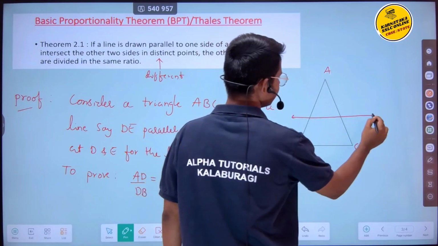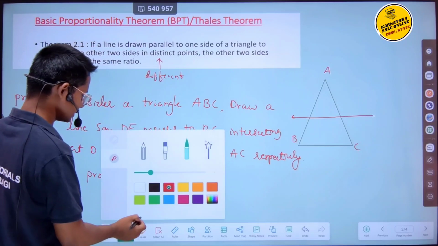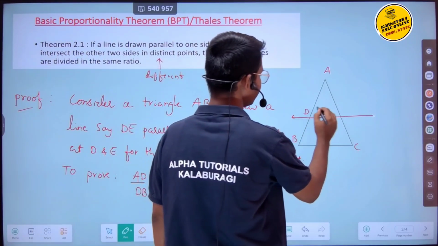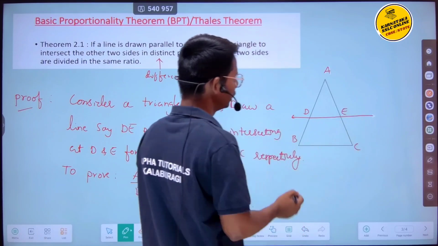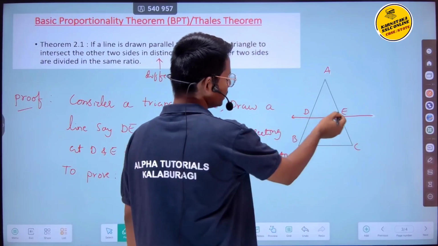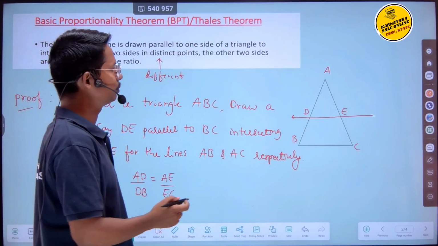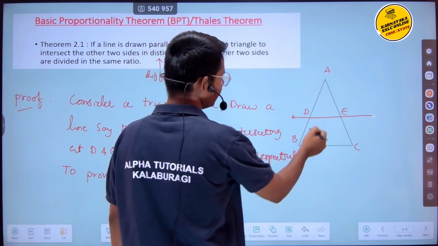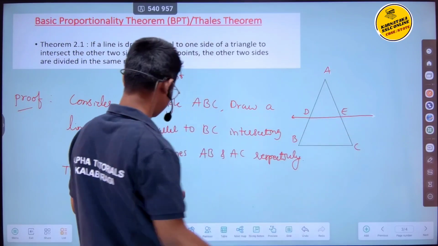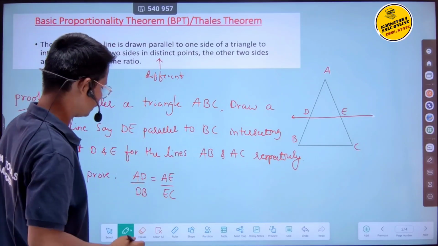There is a line which intersects AB and AC at points D and E. This DE becomes a line segment, and DE is parallel to BC. What we need to prove is that AD by DB is equal to AE by EC. Fine, we'll continue on the next page.